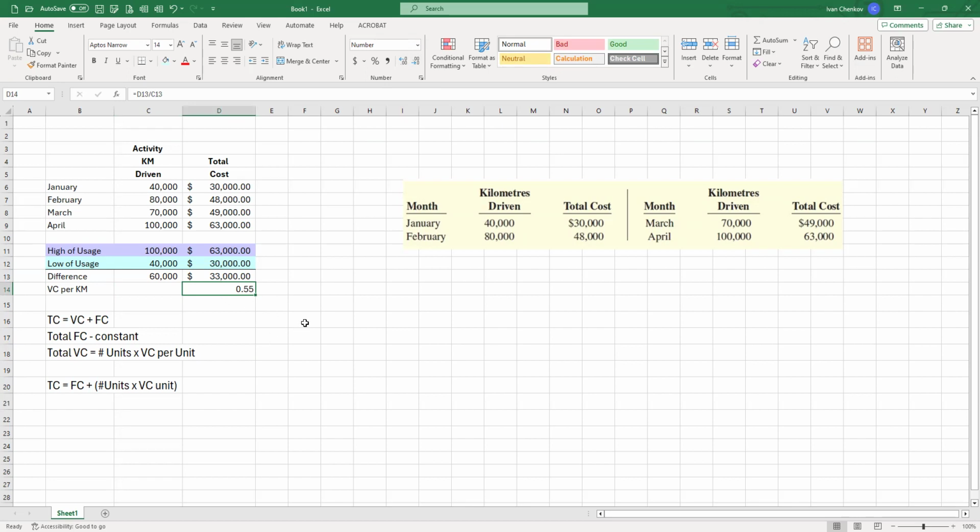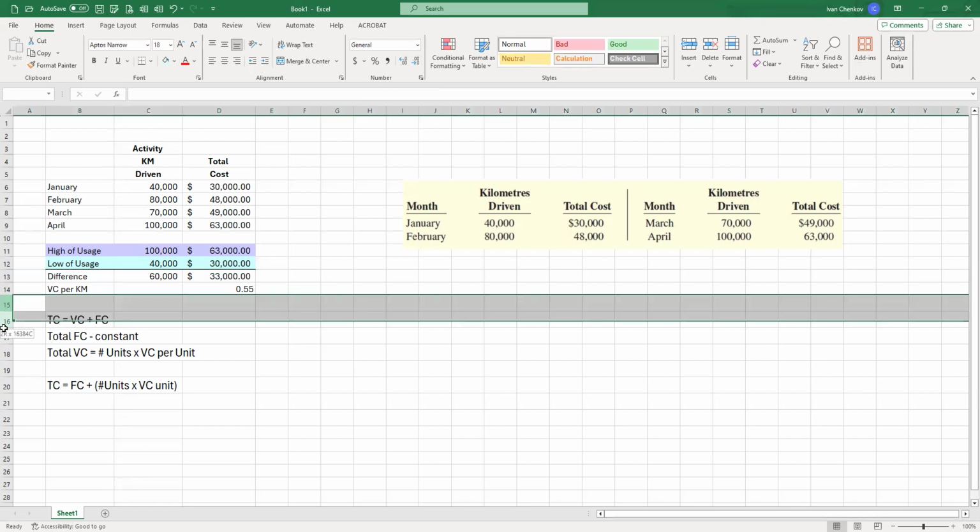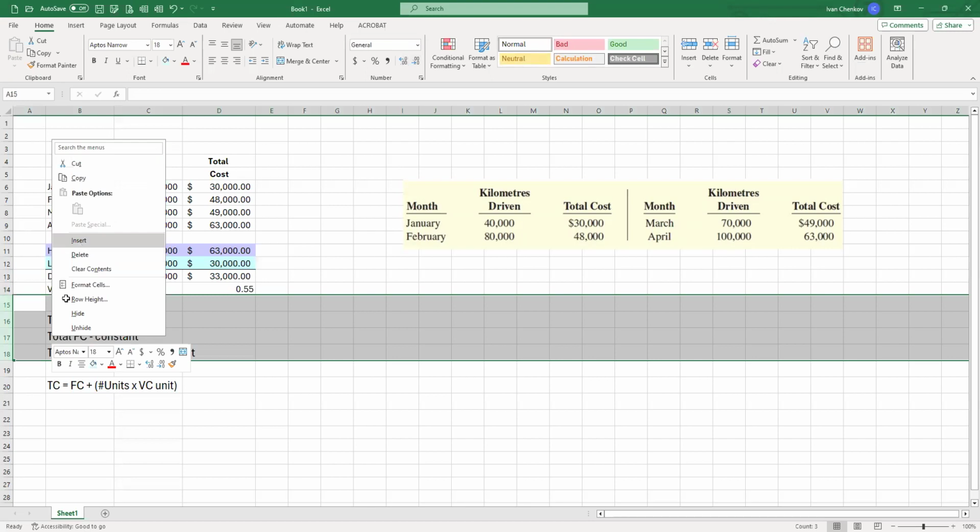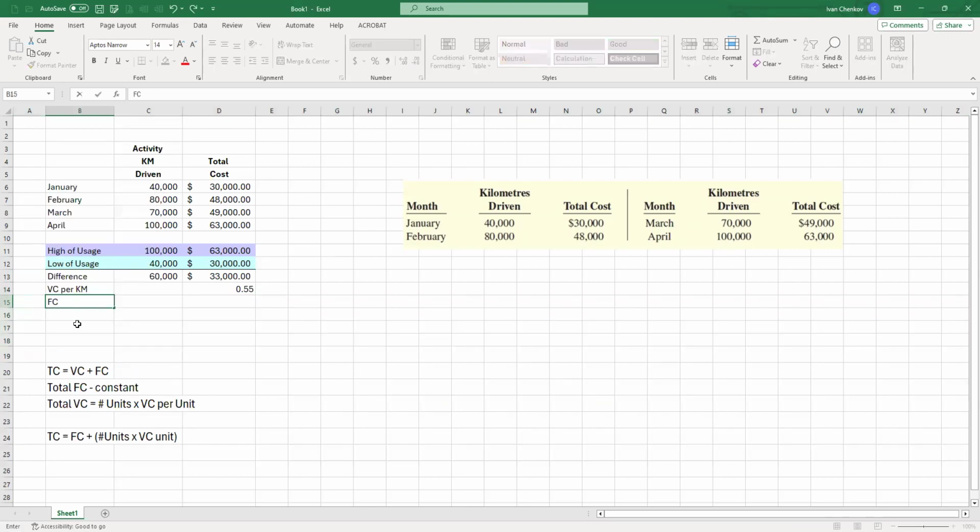Having that in mind, let's try to find out now how much my fixed cost is. I have my variable cost. Let's find out how much the fixed cost is equal to. In order to find out, we have to use either the high or the low method. Let's go with the high method first.